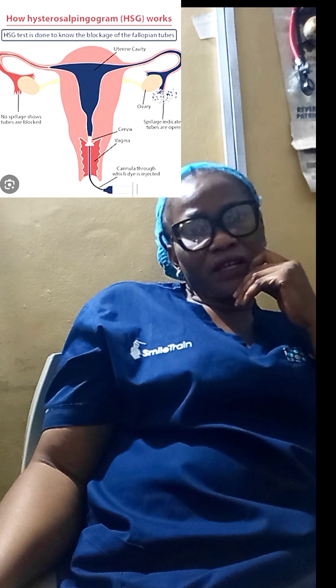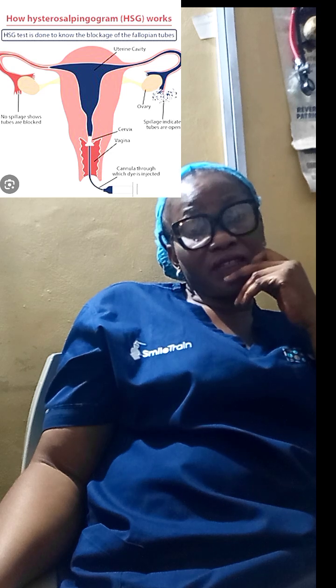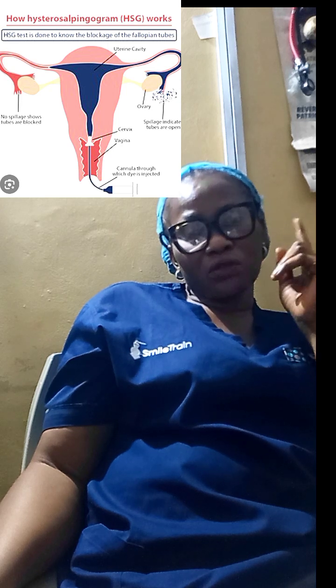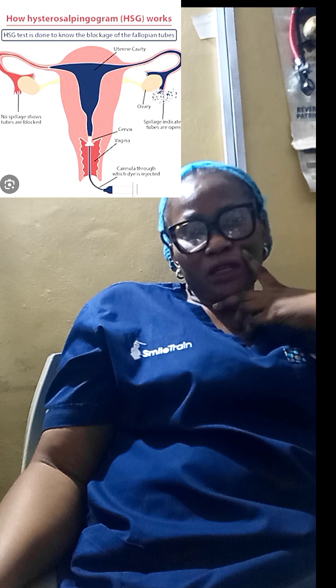And mind you that after that procedure, if they find out that the tubes, because you can use that very procedure to detect whether the tubes are patent, so having found out that maybe there is blockage in the fallopian tubes, a procedure called hydrotubation is often done or carried out in order to open the fallopian tubes.